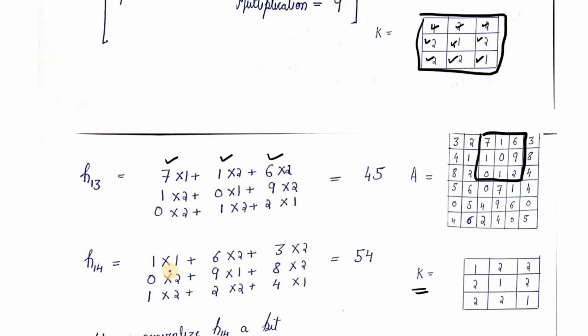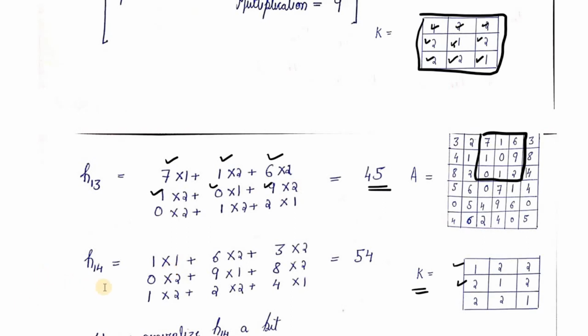We consider the first row and multiply with the first row of the kernel and add it. Likewise we consider the second row 1 0 and 9 and multiply it with the kernel 2 1 2, and the third row eventually becomes 0 1 2 and multiplied by 2 2 1, which comes out to be 45.